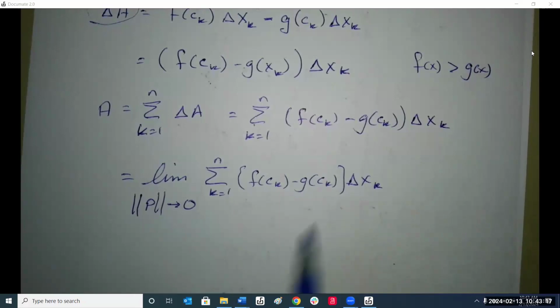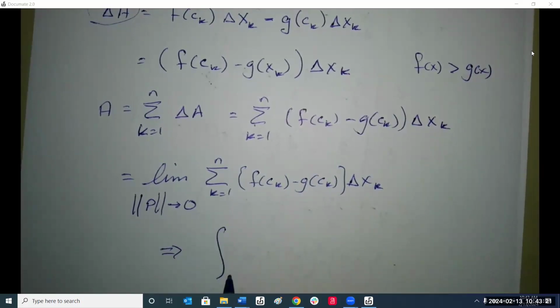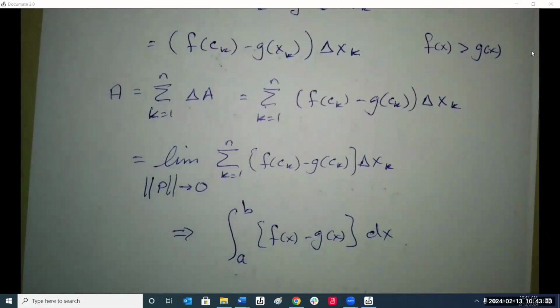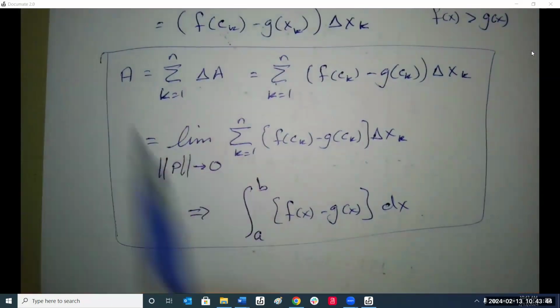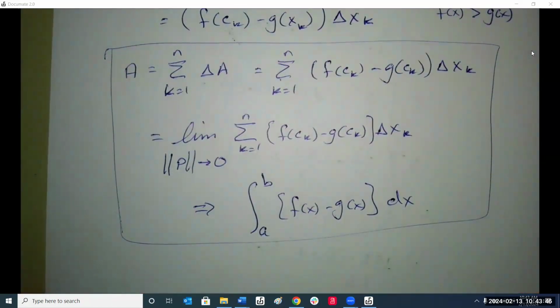This is the Riemann sum. And what that equals then is our limit from A to B, the endpoints, of f of x minus g of x times the delta x. That's what we're looking for: the area between two curves.